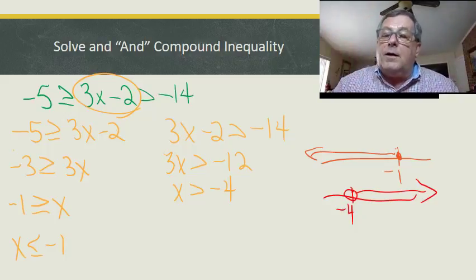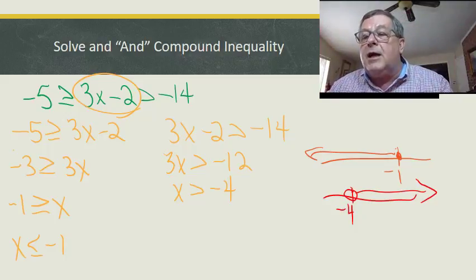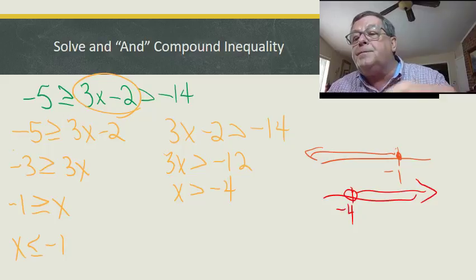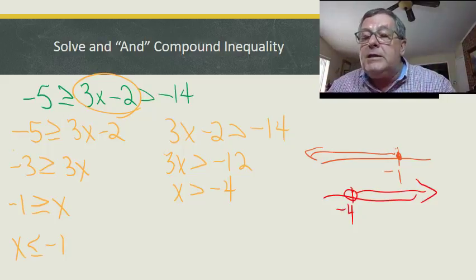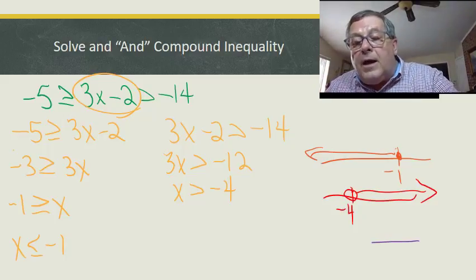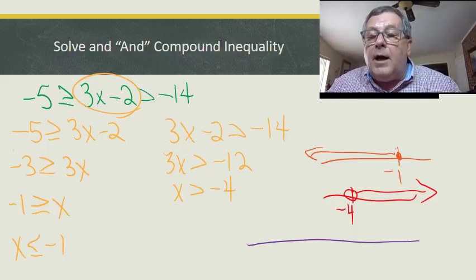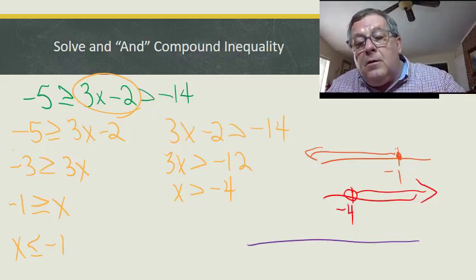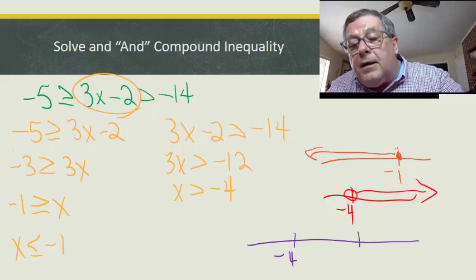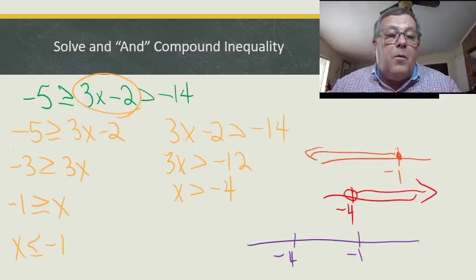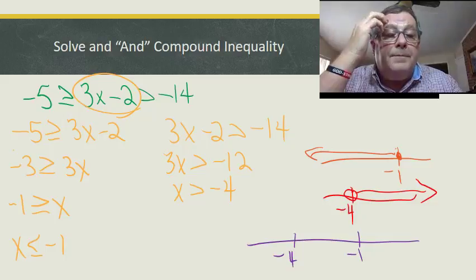But I got to make this the intersection. I got to put the two of these together. So let's see, let's do that. So we got a number line here. We got two critical points. We got a -4 and we got a -1. These would be called critical points on our number line.